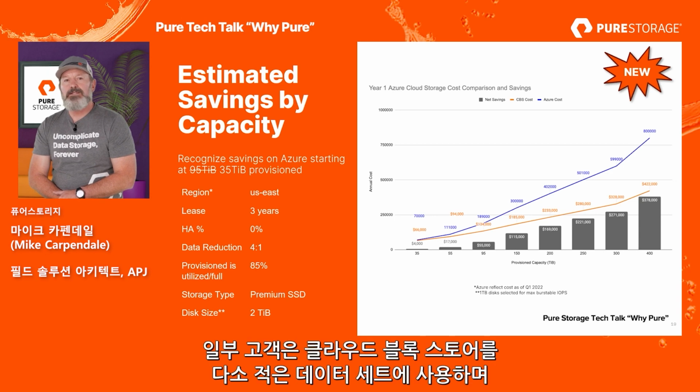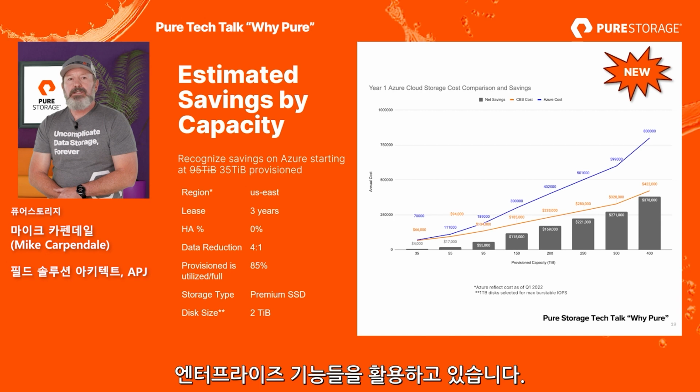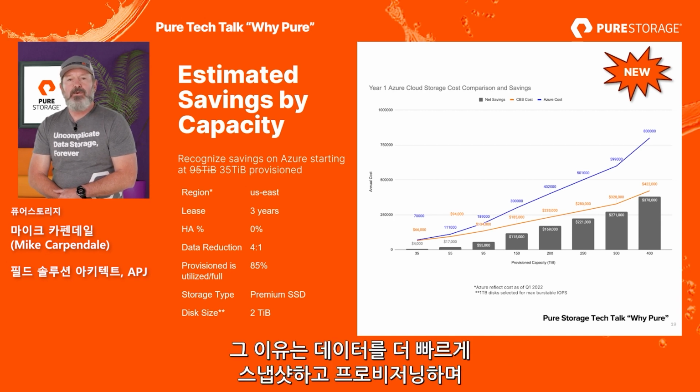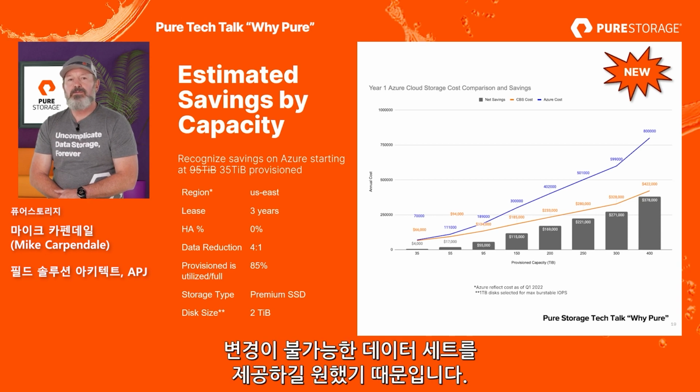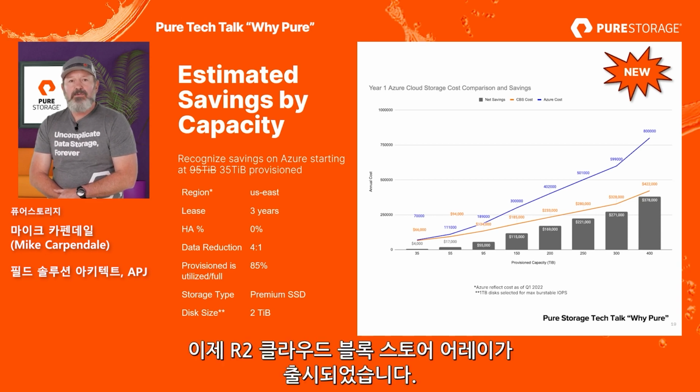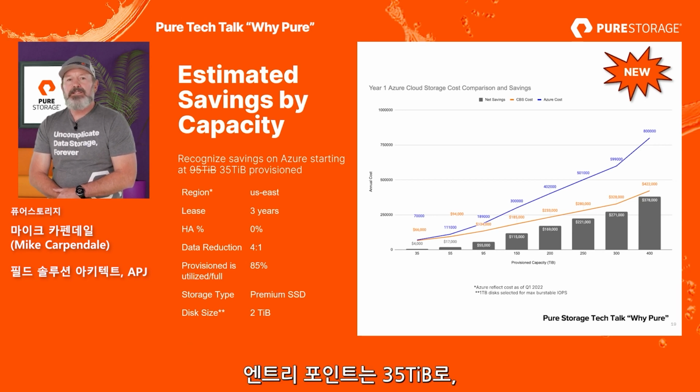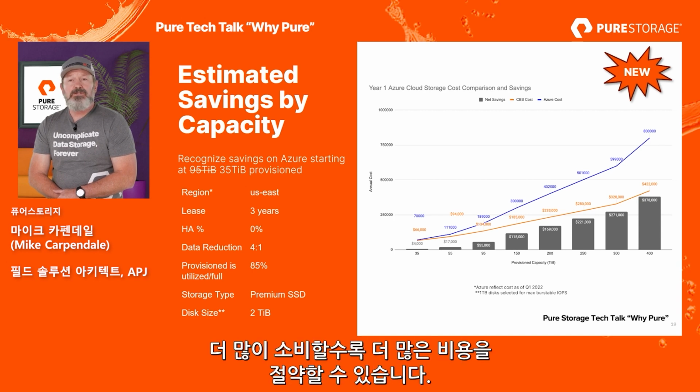We saw some customers leveraging those enterprise features and using Cloud Block Store with a slightly smaller data set because they wanted to snapshot and provision that data out quicker and provide immutable data sets. Now, with the introduction of the R2 Cloud Block Store array, we can see that 35 TB is that entry point. And the more that you consume in that environment, the more that you save.